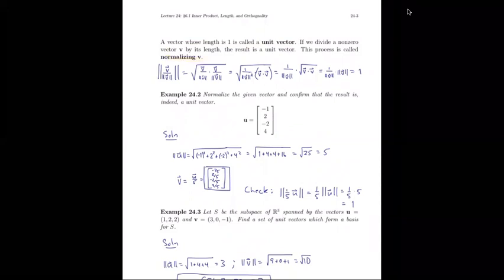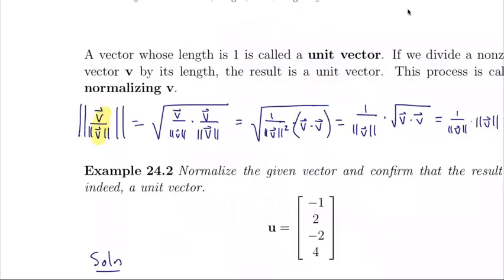So let's prove that if we take v and divide by its magnitude, or its norm, then we'll get a vector whose magnitude, or norm, is 1. In this case, we're finding the length of the vector v that's been divided by its own length. Writing down what that means, the norm is the square root of this vector dotted with itself, as we see here.